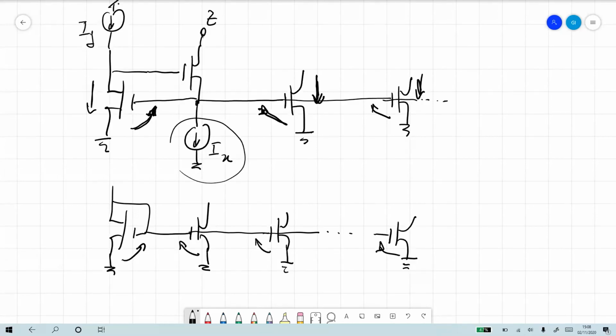So let's assume now we're in current mode, remember. So let's assume that our input currents are signals, and our signal is something that's changing over time. And we want to just copy, this would just be copying.